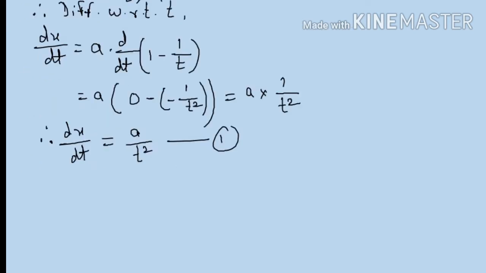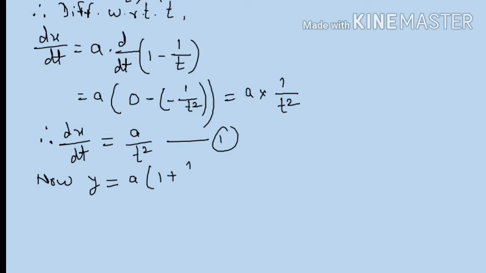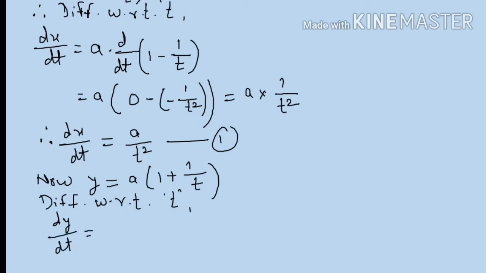Then let us find dy by dt. So y is equal to a into 1 plus 1 upon t. So differentiating with respect to t, dy by dt is equal to a into d upon dt of 1 plus 1 upon t.